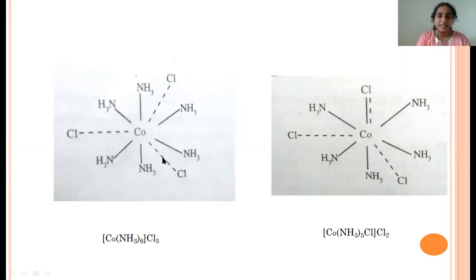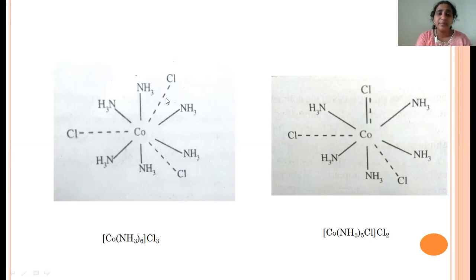So by seeing this structure, we can write the formula of the complex. Here cobalt is the metal, and a total of 6 ammonias are present, which are secondary valency. Secondary valency shows the coordination number, whereas the dotted line represents the primary valency, which is ionizable and also tells the oxidation number, so we have to write it outside of the sphere.